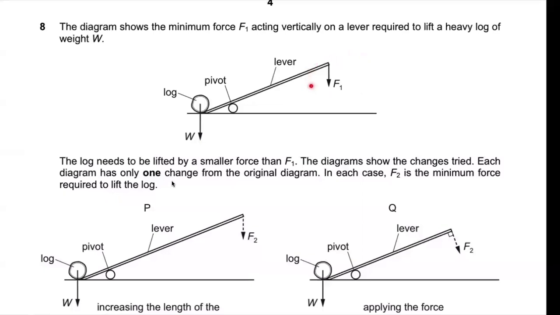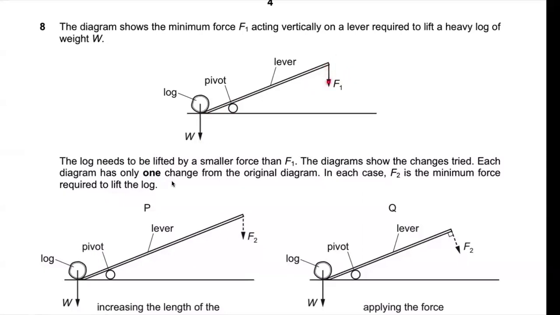So F1 is the force which is going to lift the log, right? And we need to decrease this force F. This is right now the minimum force which does lift this log. We want to decrease this force. You can see this pivot is marked.